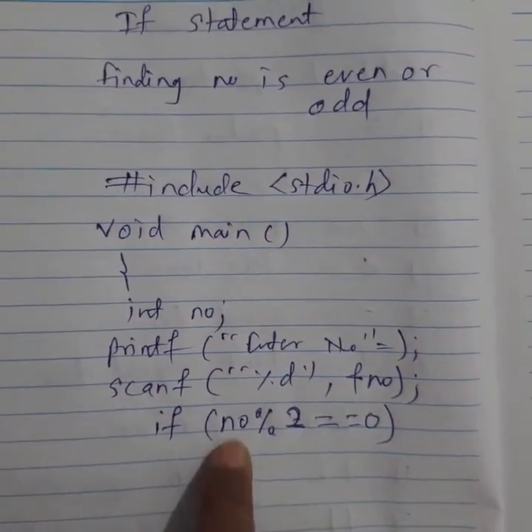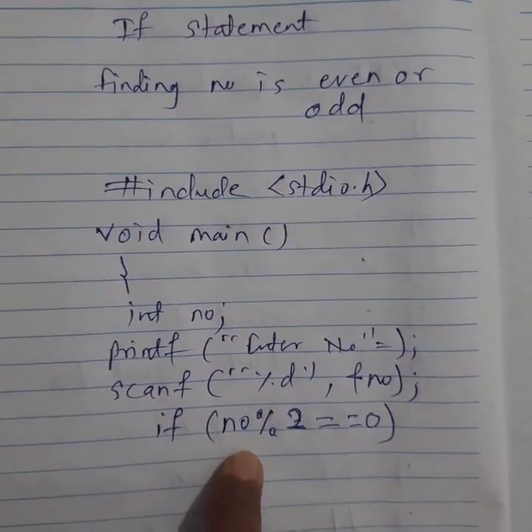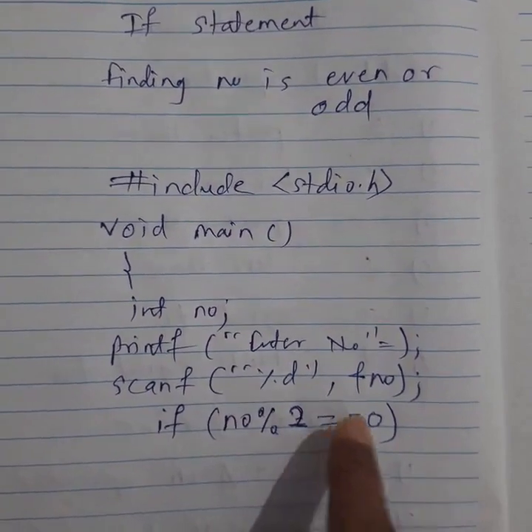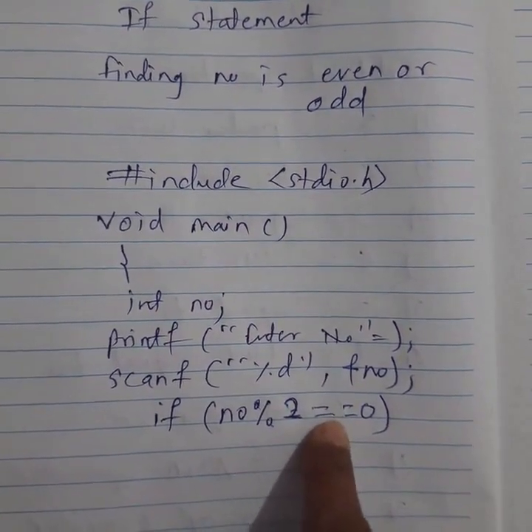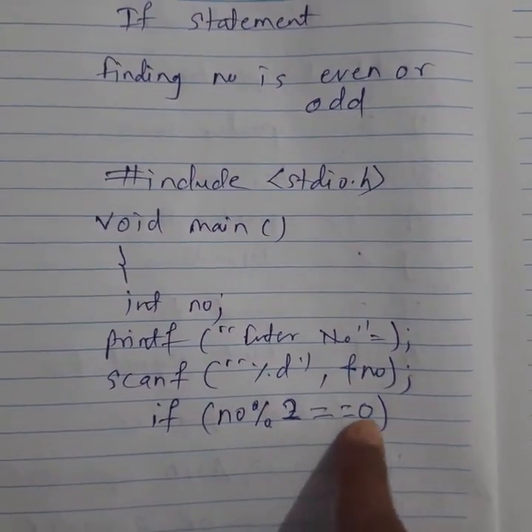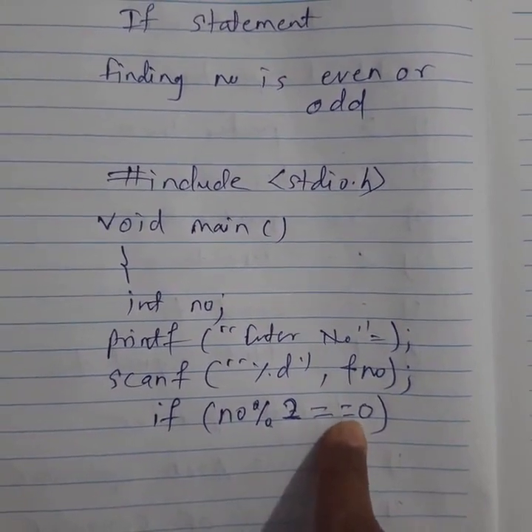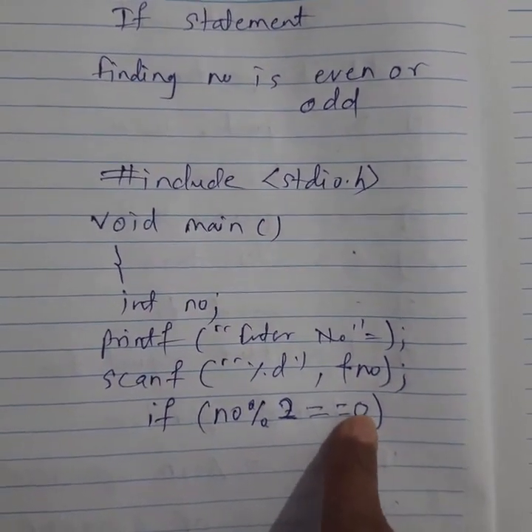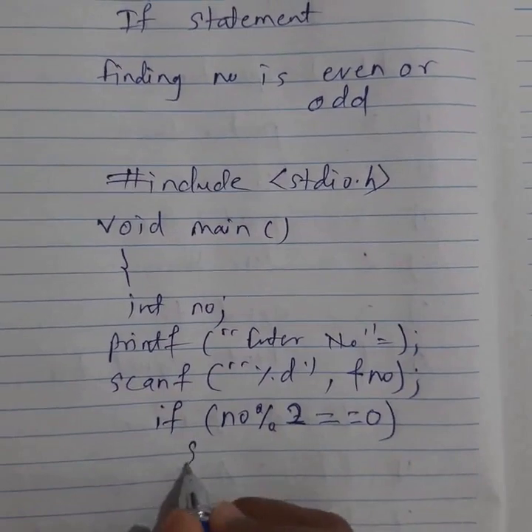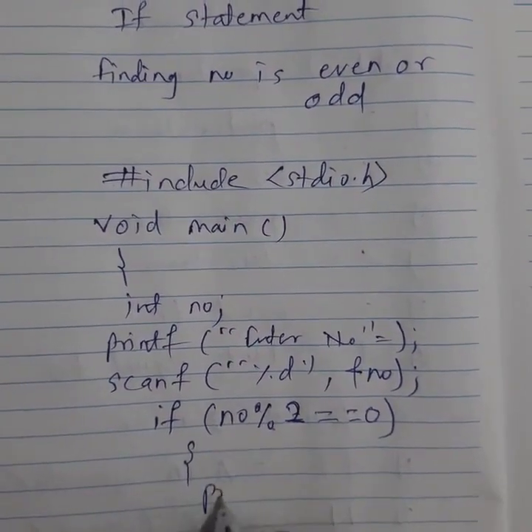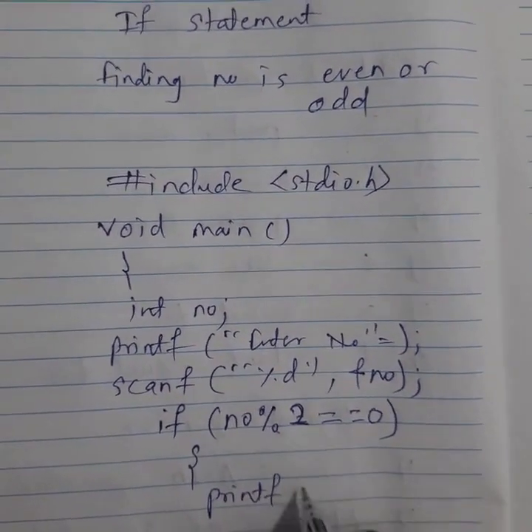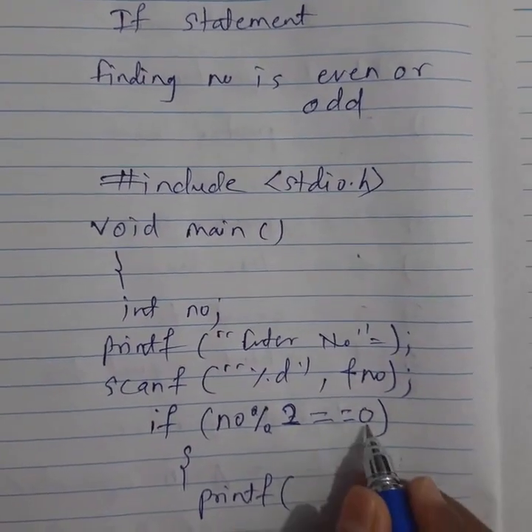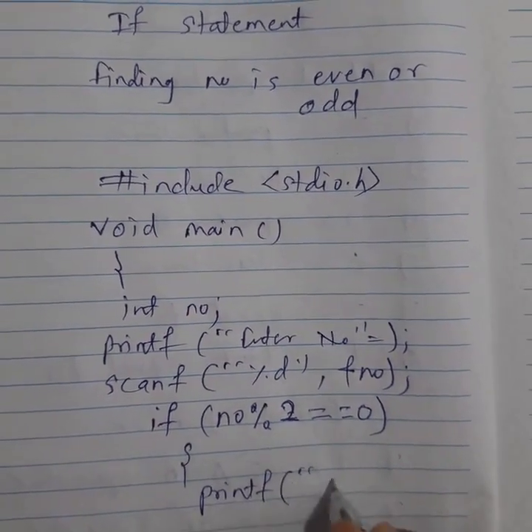Here the assignment operator is not used; the double equal to, a relational operator, is used, and the remainder is 0. If this condition is true, the number entered, divided by 2, gives remainder 0, so that number is an even number.